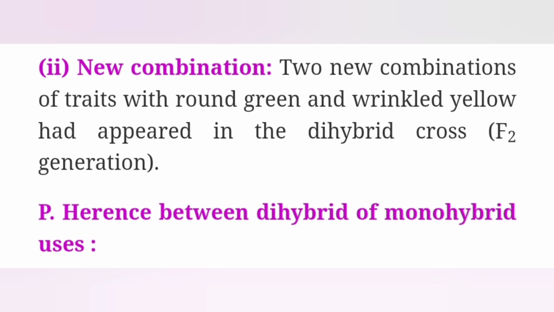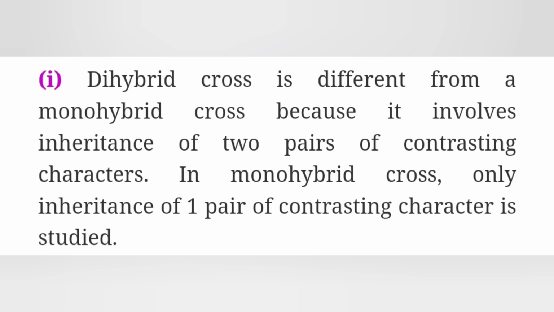Two new combinations of traits, round green and wrinkled yellow, appeared in the dihybrid cross F2 generation. Difference between dihybrid and monohybrid cross. First point, a dihybrid cross is different from a monohybrid cross because it involves inheritance of two pairs of contrasting characters.